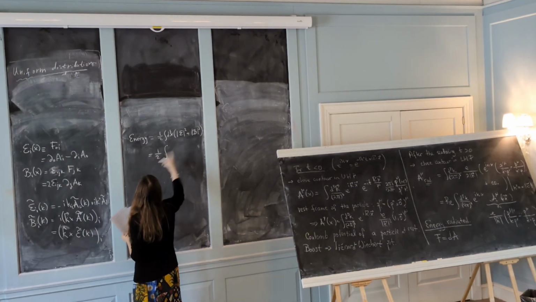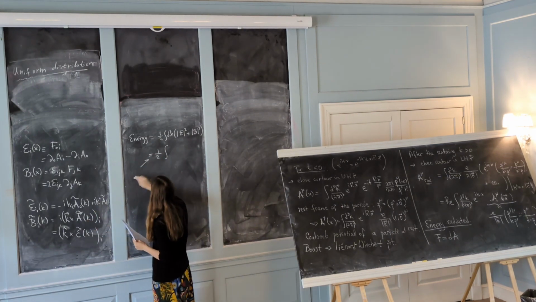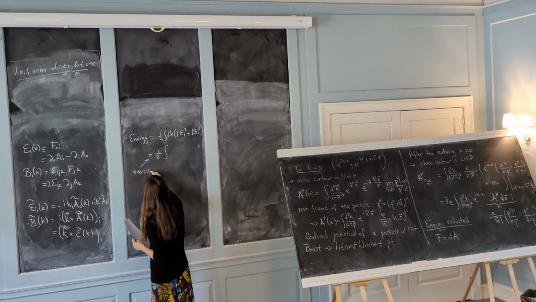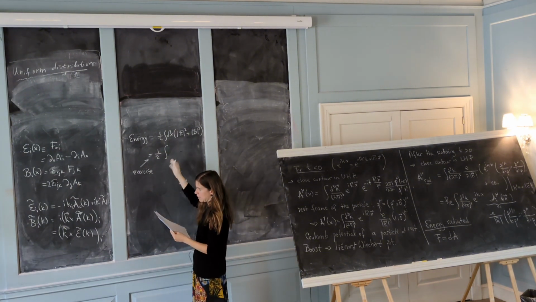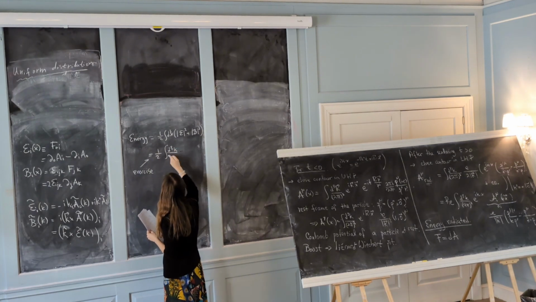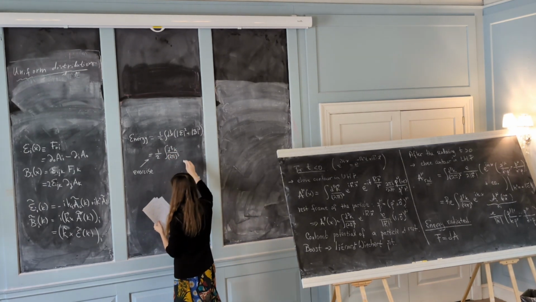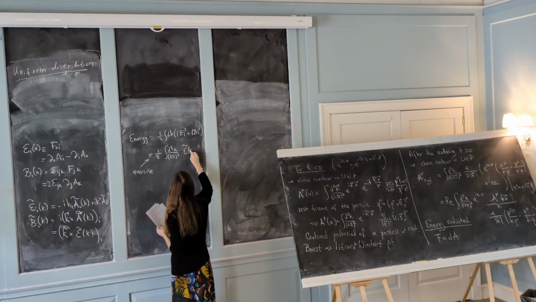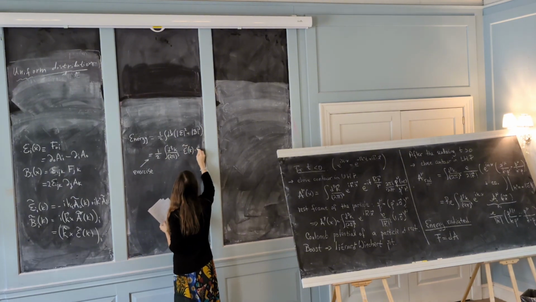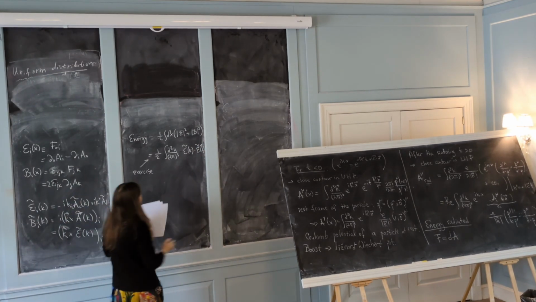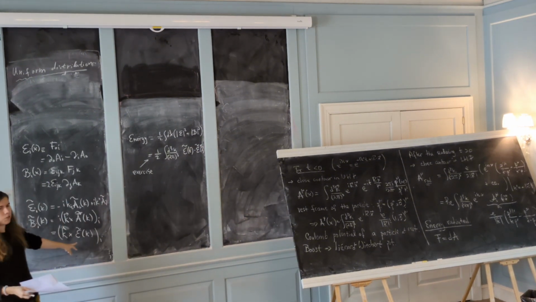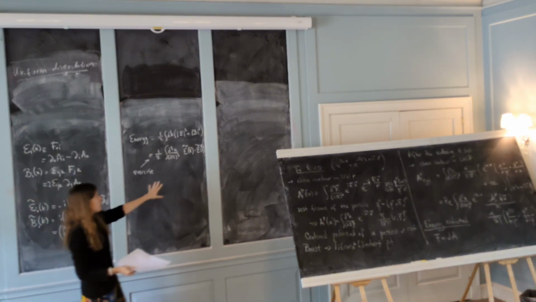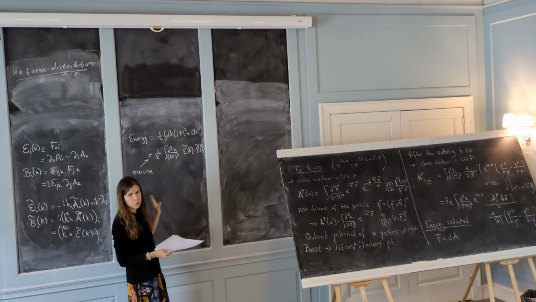It's a simple exercise to show, if you plug in the Fourier expressions, that this can also be written as an integral over the momenta of the Fourier transform of the electric field dotted into its complex conjugate. And if you're puzzled that B disappeared, you shouldn't be, because we related B tilde to E tilde, and so these two terms combine into just one.